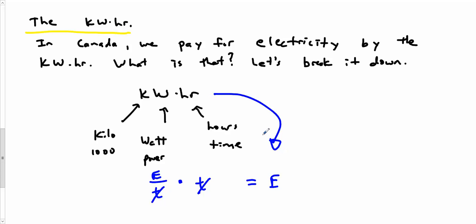So when I pay for electricity, I'm paying for how much energy I'm actually using in my home. Sometimes when people look at this, they may not realize that this is actually a bizarre unit of energy, but it is. We won't be doing that much with what a kilowatt hour is, but I like to define it and show that it is actually a unit of energy.